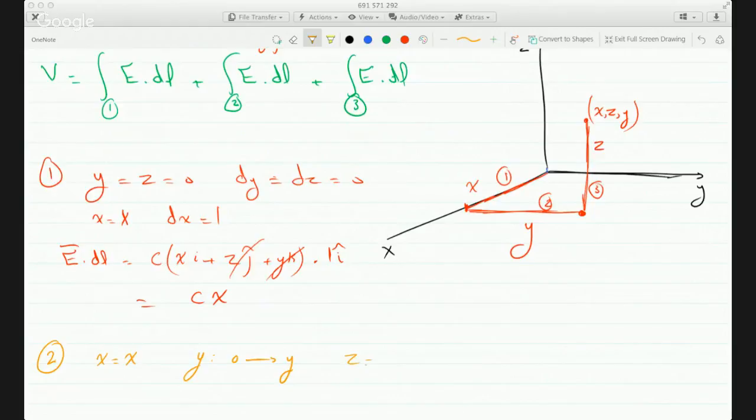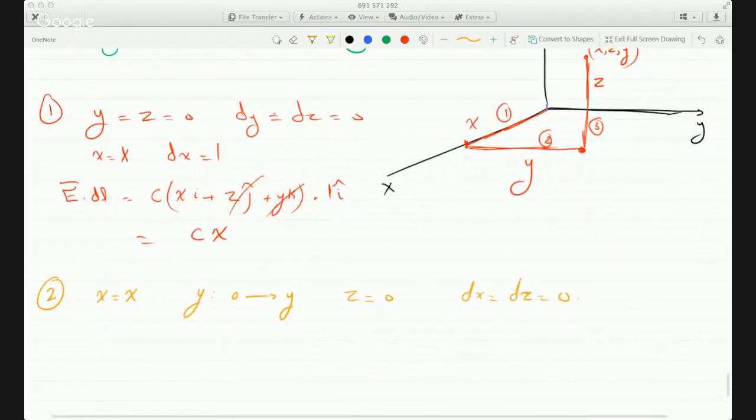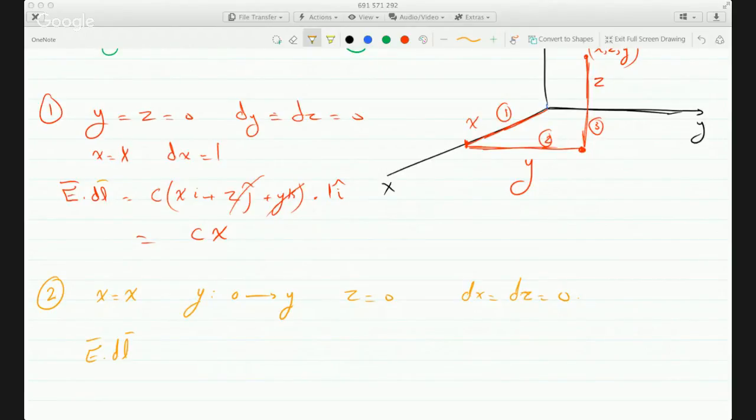We know that z is 0, and we know that dx equals dz equals 0. Okay, so now E dot dl becomes on this path cx i plus zj. You don't have to choose the same path I've chosen. I've just chosen a convenient, easy path for my integration.